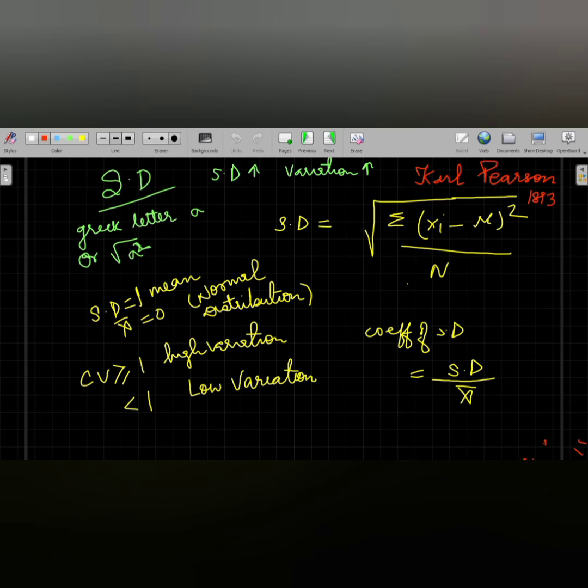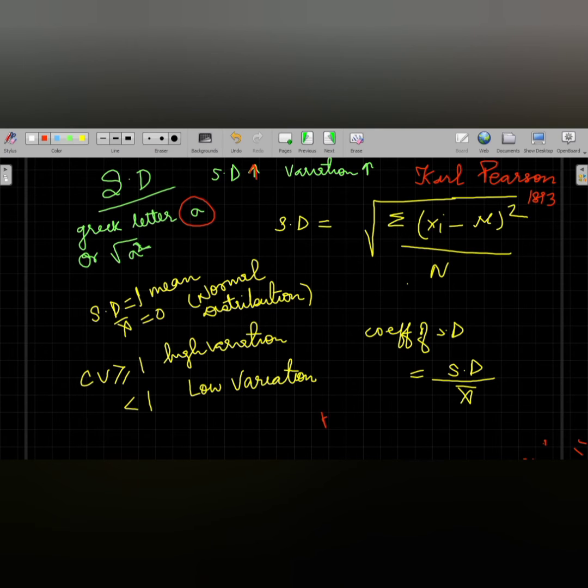Standard deviation we denote by the Greek letter sigma. If we say the standard deviation increases, then the variation, or we can say the deviation, will be large. The difference will be large.